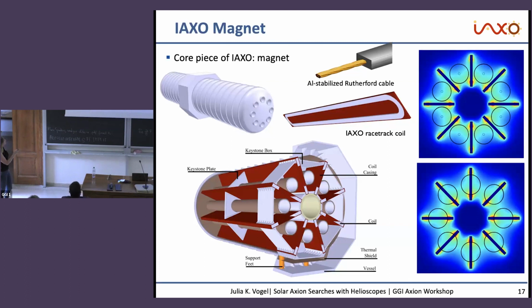This is the type of cable that is used for these superconducting magnets, niobium titanium, that has been aluminum stabilized. I'll get back to that in a little bit when I talk about BabyIAXO. And we've looked at different geometries that are possible, but settled in the end on this here, which we call the area dominated. So we put our bores for observation between these racetrack coils, and you can see here the magnetic field.